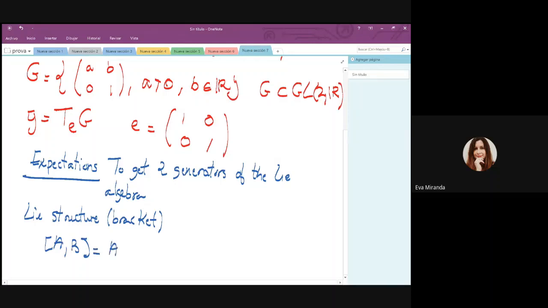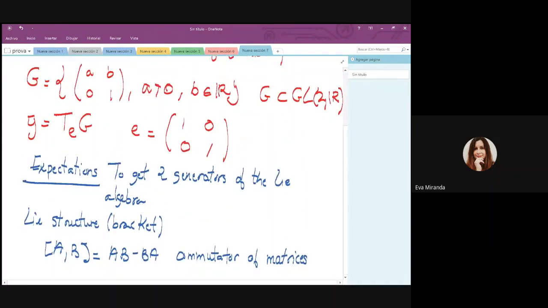So once I have the generators, I can compute the structure constants of the Lie algebra just using the commutator. When I take a group which is inside the general linear group, the bracket is just the commutator of matrices.